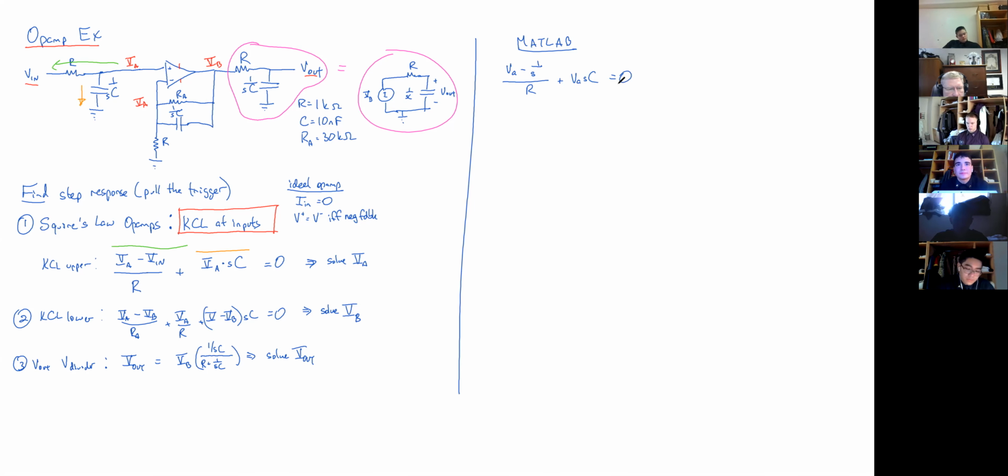Wouldn't that be kind of cool to just instantly solve using MATLAB? Not numerically, but algebraically.